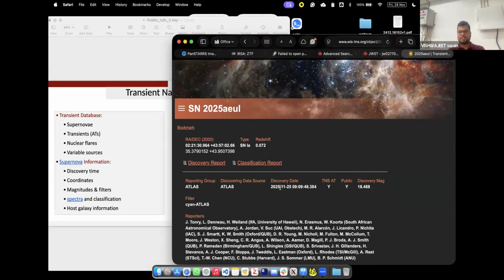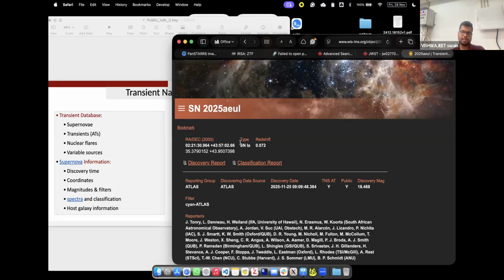So again, for this classification, someone needs to first take the spectra. In general, if it is not classified, it will be a dash, so there will not be a type. Usually, for example, a sky survey telescope observing the sky finds some new transients, and any new transient will be reported here.